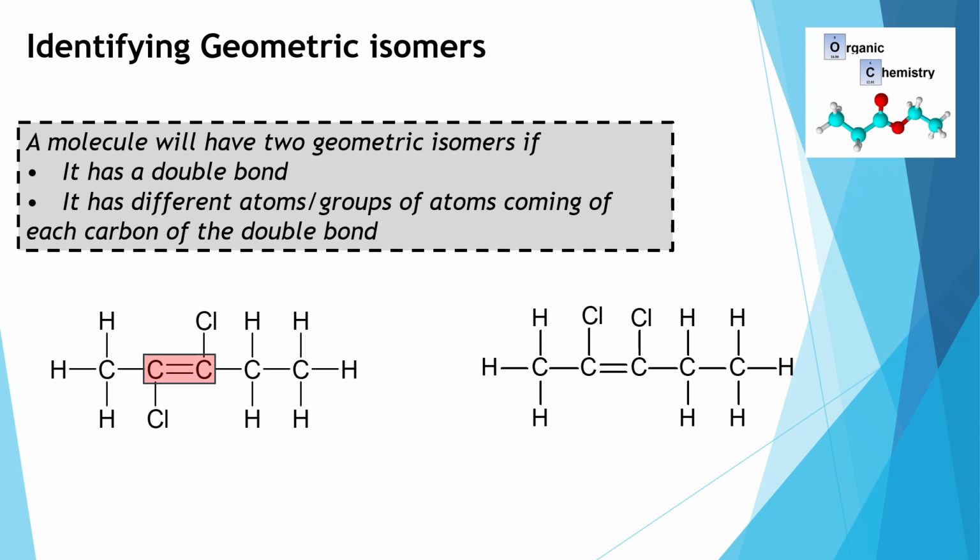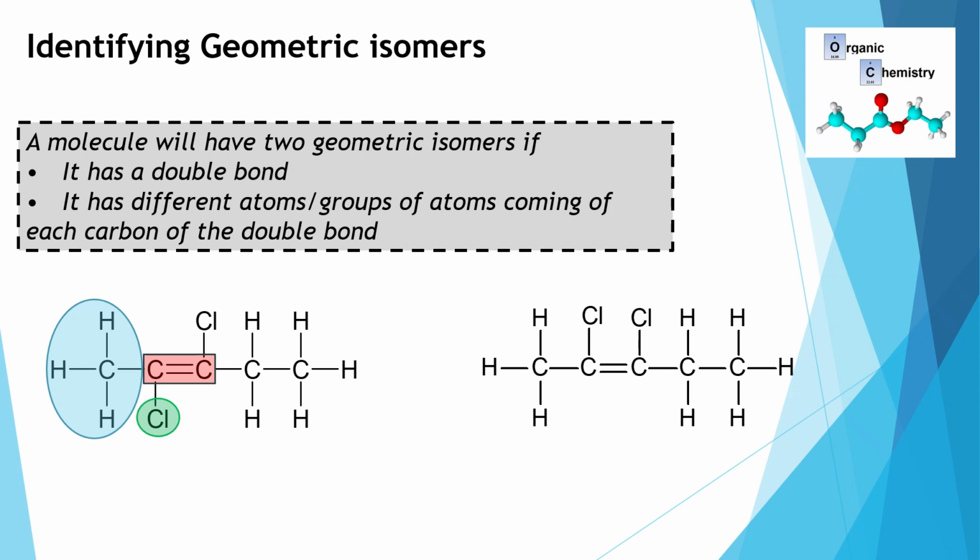So I'm looking at the carbon on the left. So what are the 2 groups or atoms that are coming off that carbon? So the first one we can see here is a CH3 group, or a methyl group. We can also see a chloro group coming off. So this meets the second requirement, that there are 2 different groups coming off one of the carbons.